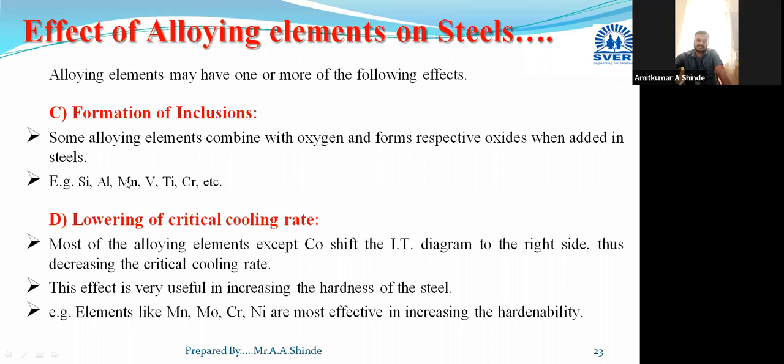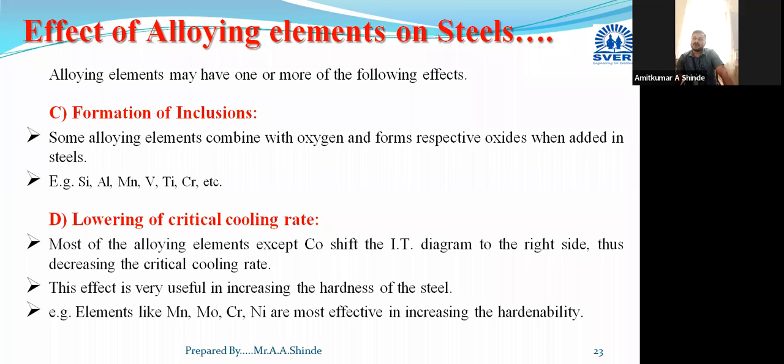For example, suppose aluminum is there. This aluminum will react with the oxygen, and it will form aluminum oxide. The respective oxide they will form, aluminum oxide or titanium oxide or chromium oxide, like this.